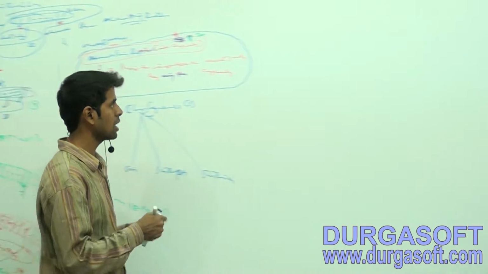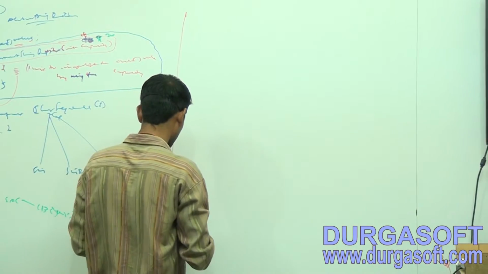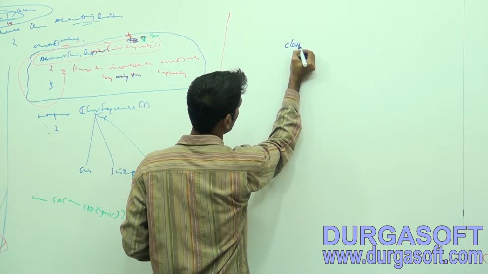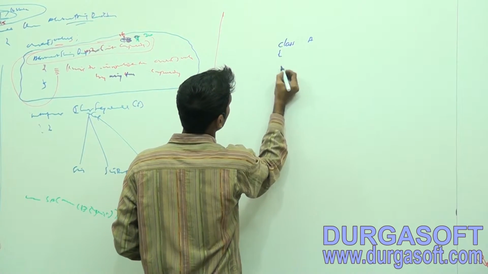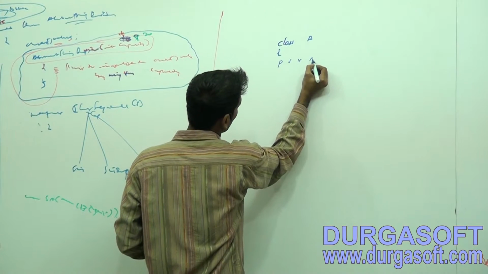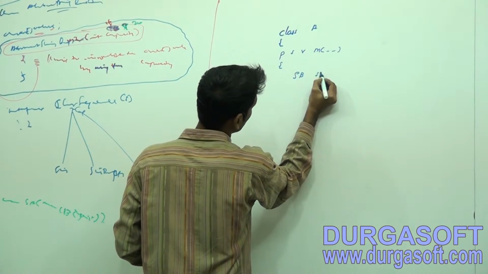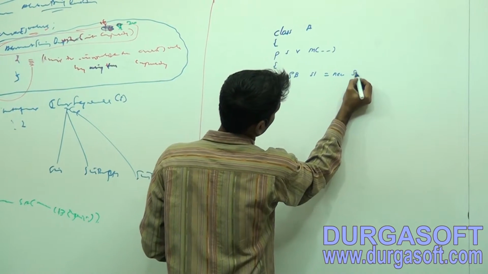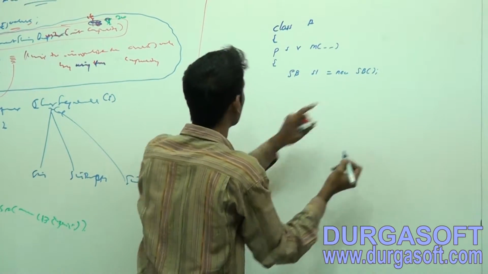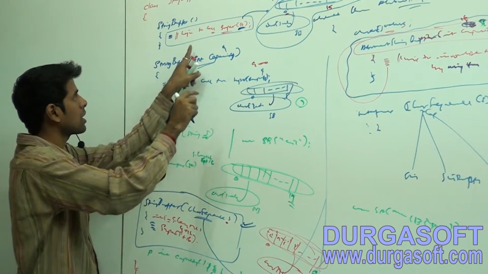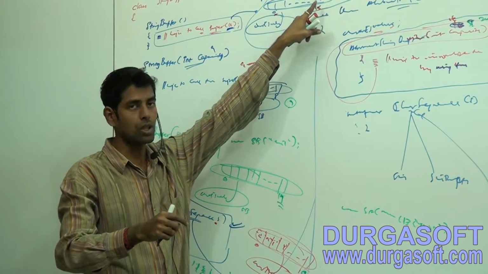Now let me take a class called A. Public static void main, String array. Create a StringBuffer object with the no-argument constructor, and here it will create 16 blocks.